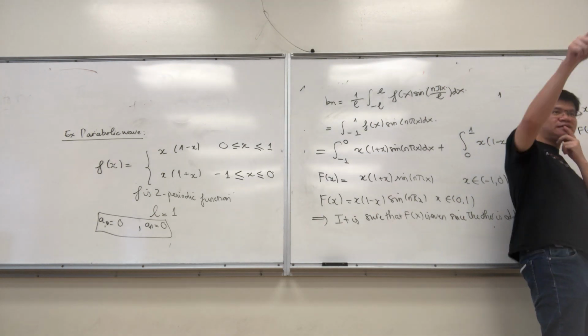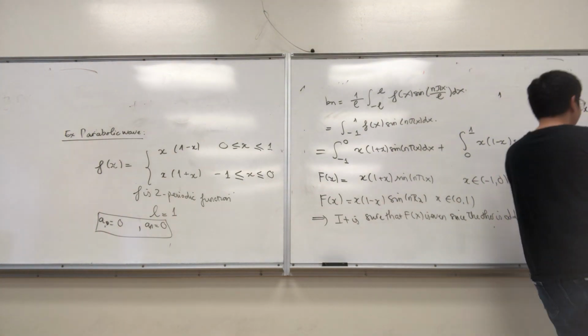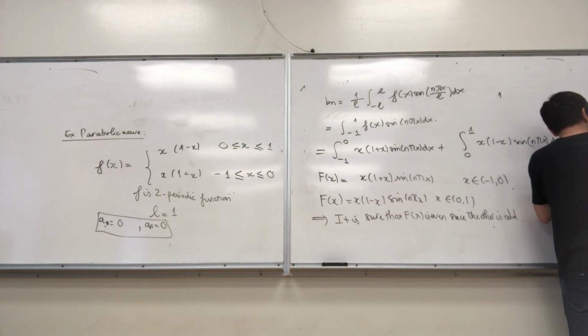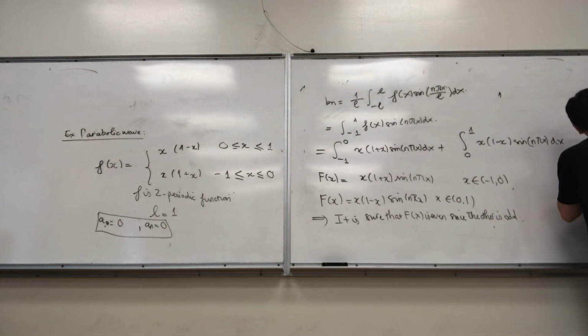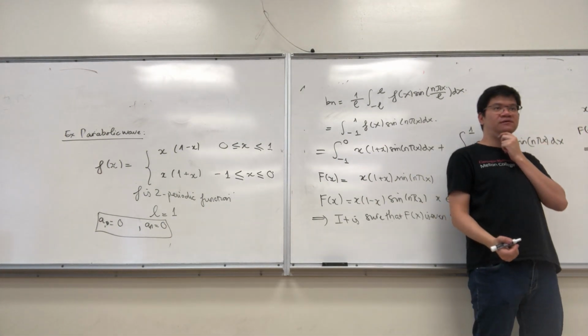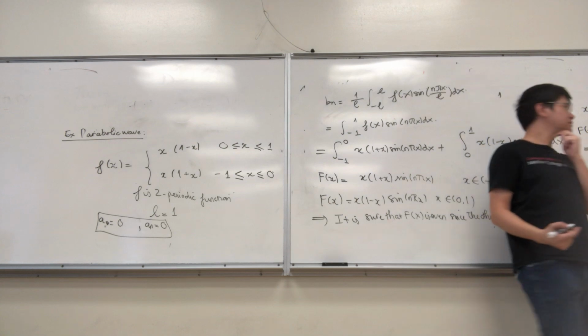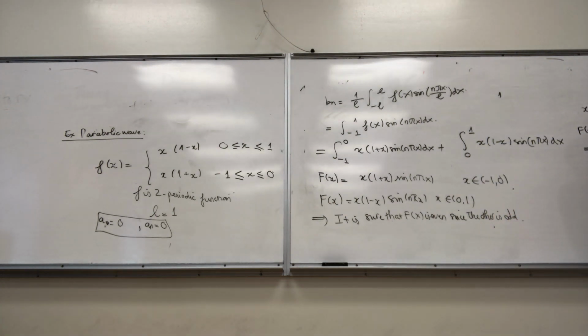So now x, I'm gonna see that x is minus of minus x, right? And 1 minus x is 1 plus of minus x. And sine of n pi x is going to be? Sine n pi minus x.